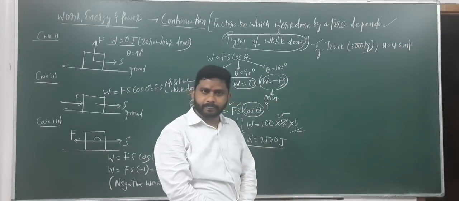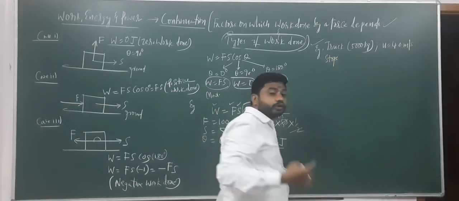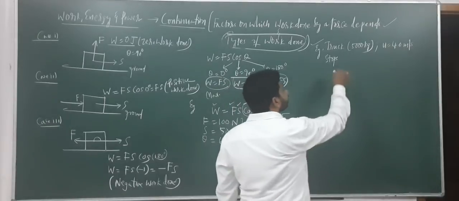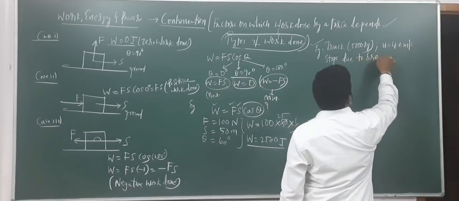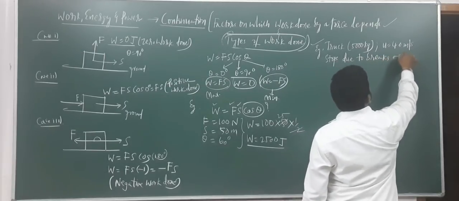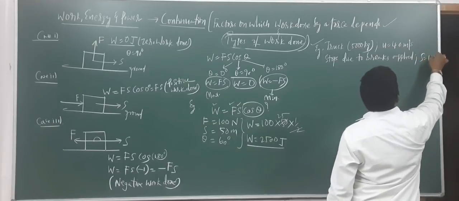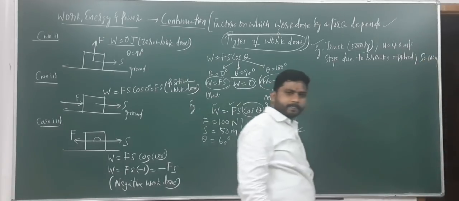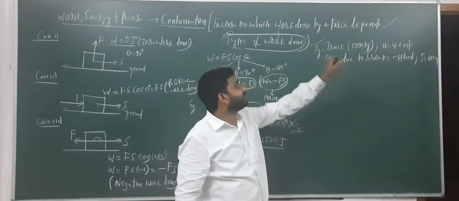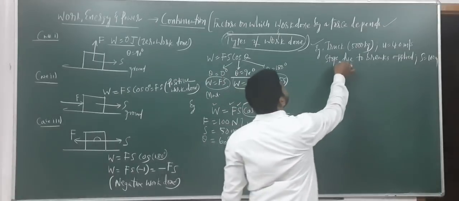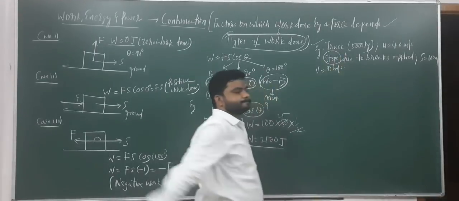And it got stopped due to the brakes applied after traveling a distance of 100 meters. Listen carefully. Brakes are applied after traveling 100 meters distance. It is stopped. Stopped means I can write final velocity is 0 meters per second.